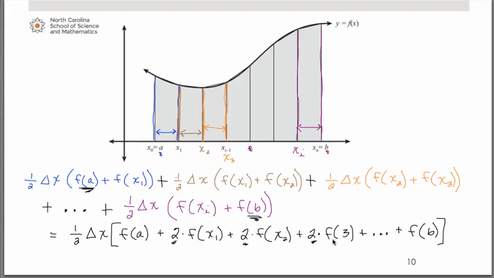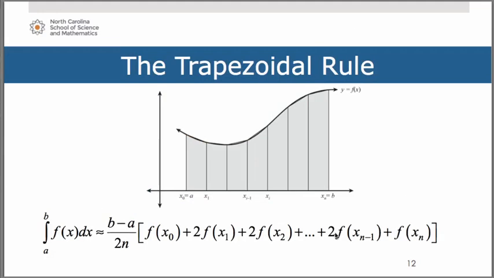And that brings us to the official statement of the trapezoidal rule. The trapezoidal rule will state that the integral from a to b of f of x dx, the interpretation of which is the area under the curve of f of x from a to b, is approximately given by b minus a over 2n.